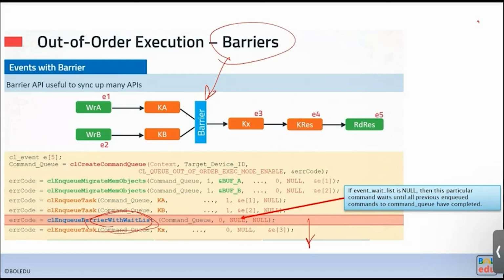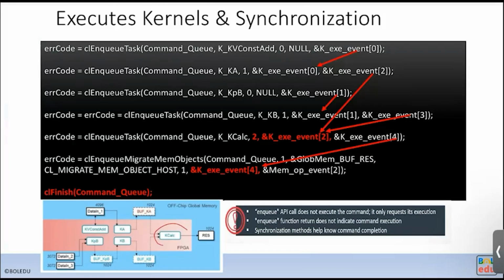Okay, so that's this lab example. What you pay attention to is that this kernel function calculates depending on KA and KB, so it waits for two events from the two kernels.